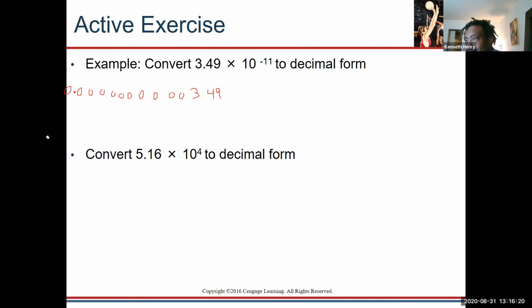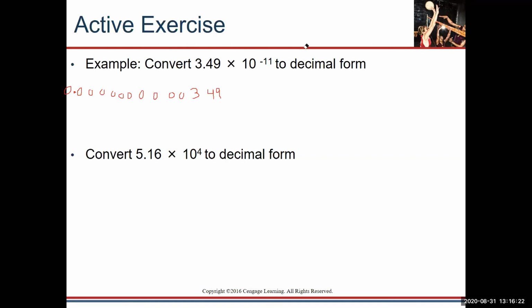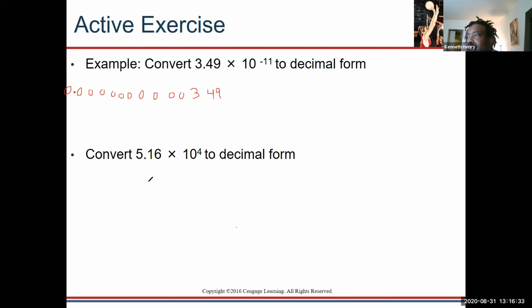Caitlin, are you there? Yeah, it would basically do the same thing, right? Okay. So which way are you moving the decimal?